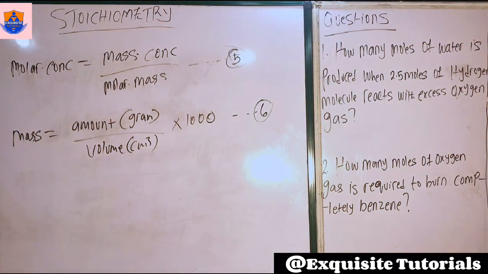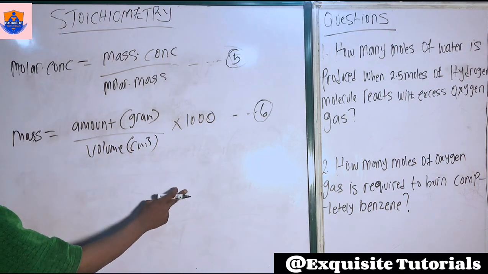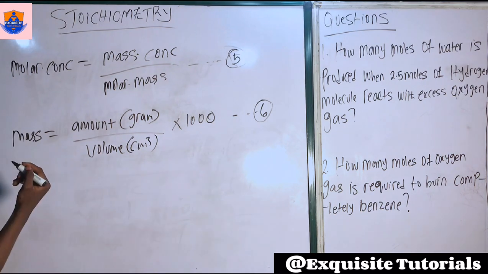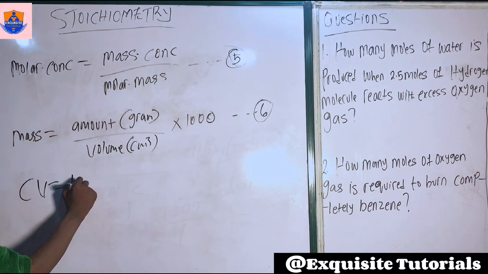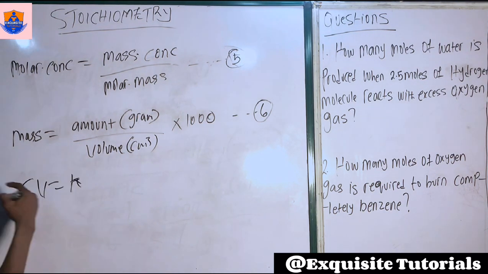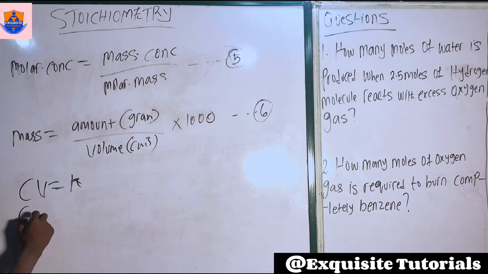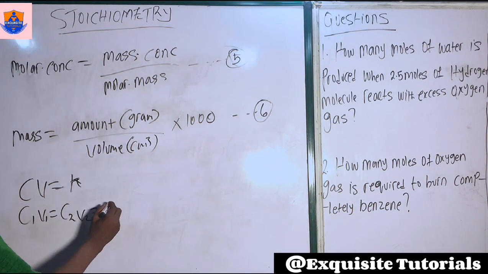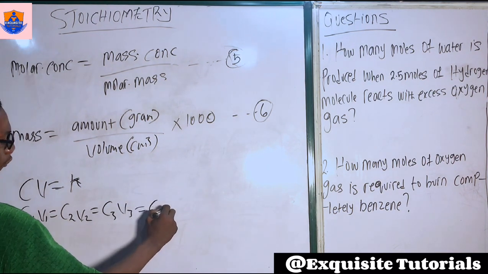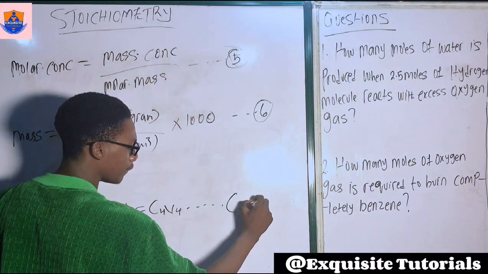Now if you are given a question, they'll ask you if the concentration of a substance is this and the volume is this, what will the concentration be if the volume is this? Now that type of question, we use this formula CV is equal to K. Since CV is equal to K, meaning it is a constant, therefore C1 V1 is equal to C2 V2, as well as equal to C3 V3 is equal to C4 V4, and so on, to Cn Vn.